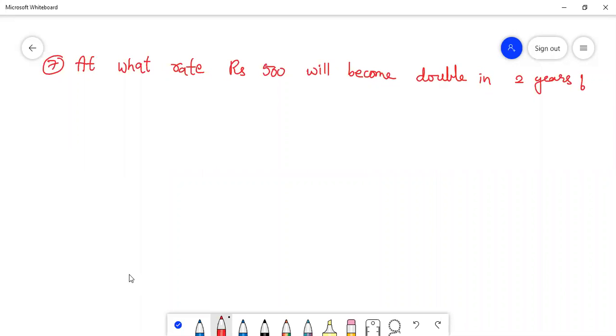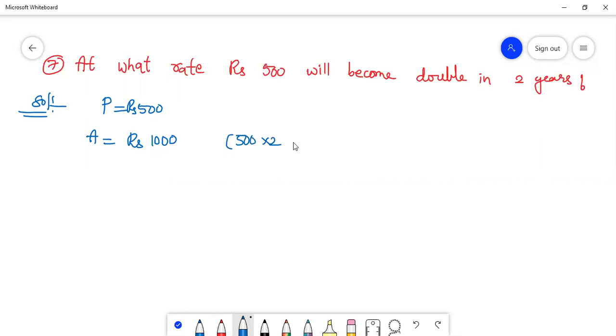At what rate will rupees 500 become double in 2 years? Here they have given the principal amount P equal to 500 rupees, and will become double means the amount is double, that is 1000. Why? Because 500 doubled means multiply with 2, it will become 1000 rupees. And the time is 2 years, that is small n.